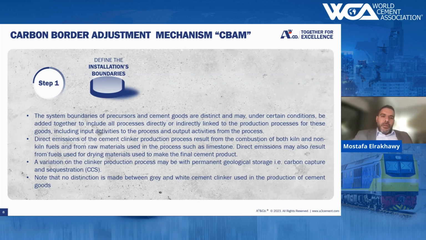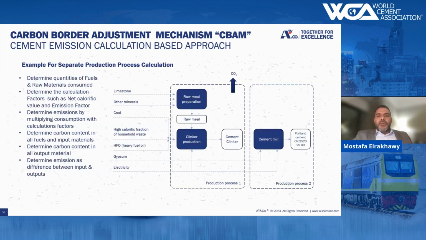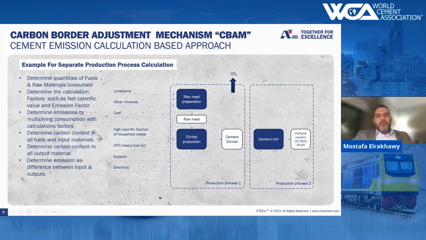I will show an illustrated example in the next slides. In that case, we can define the boundaries either as one production process or several production processes. So for example, here the input materials are limestone, other minerals and fuels, HFO, coal, gypsum, and the electricity, of course.